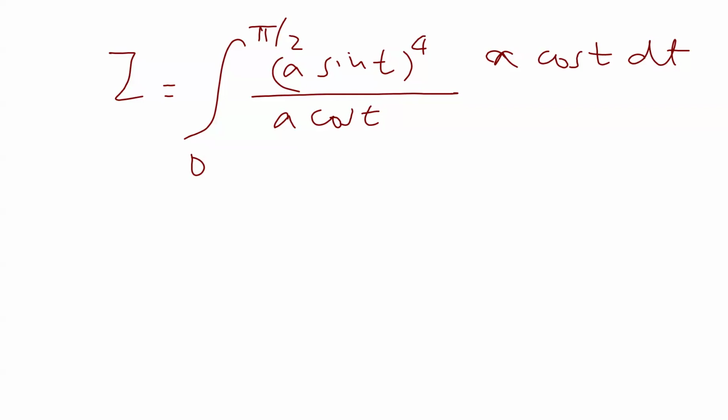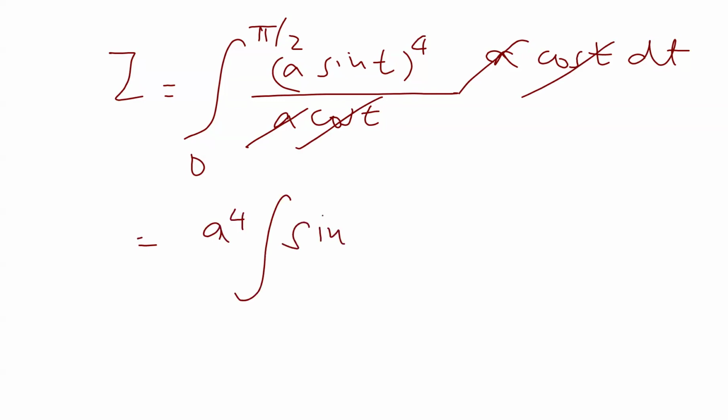Okay, so a and a are getting cancelled over here, cos t got cancelled. So this will be a raised to 4 sine raised to 4 t dt, 0 to pi by 2.